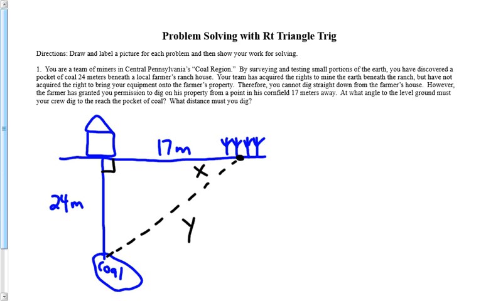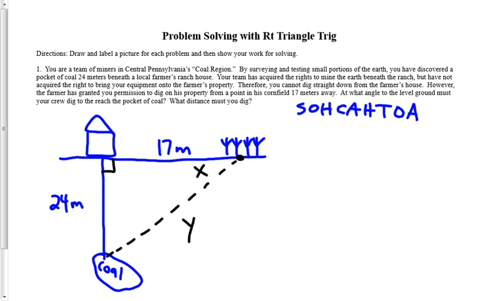Now remember, right triangle trig is sine, cosine, and tangent. So, SOH CAH TOA. So we'll start with the angle that I've marked with x. From that angle, we see that we have the opposite and we have the adjacent sides.